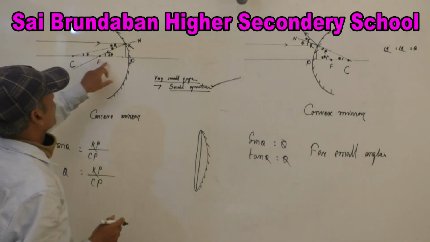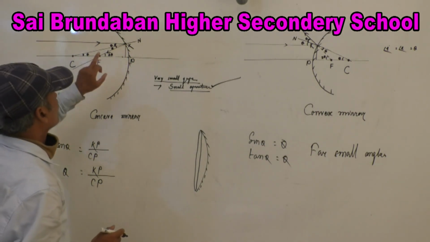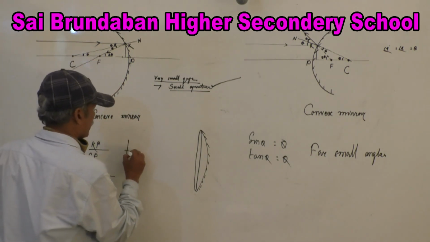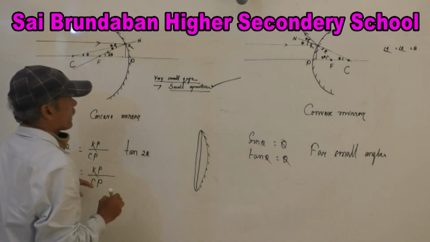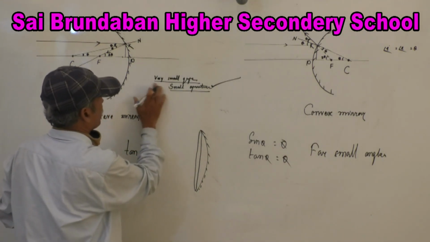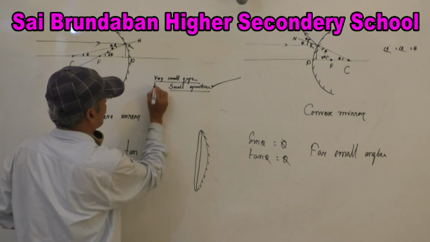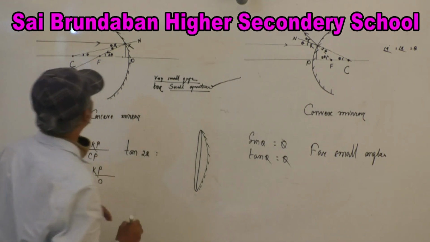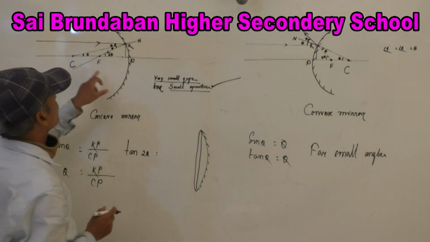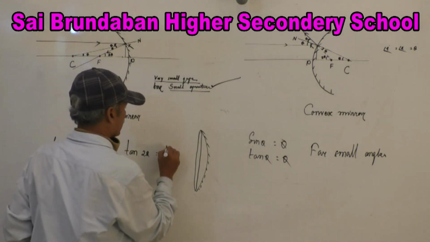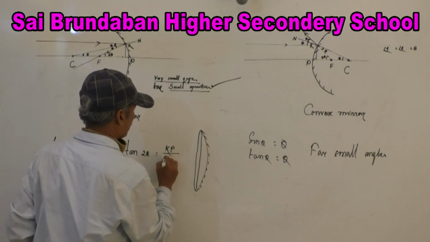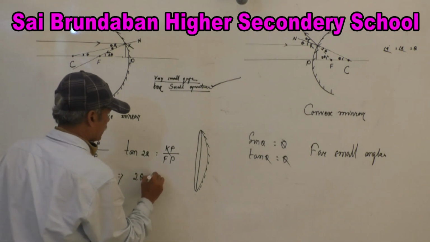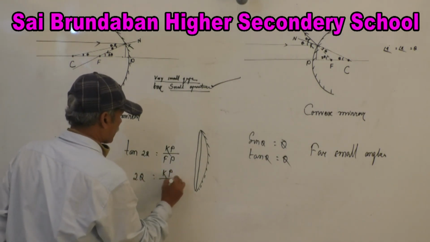In this triangle KFP, you have to take tan 2 theta is equal to KP by FP, implies 2 theta is equal to KP by FP.